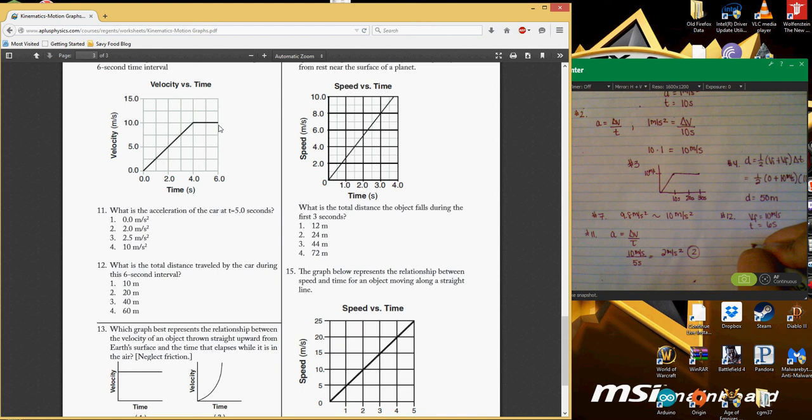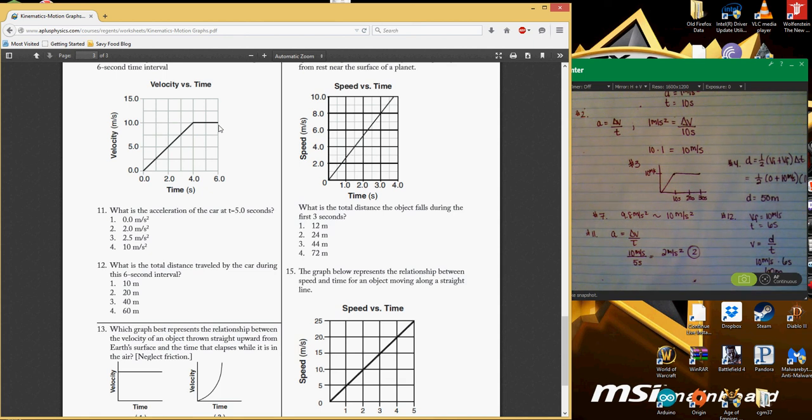Question number 12. What is the total distance traveled by the car during the 6-second interval? So if I'm looking at this, I can take this 2 ways. I know that there's 2 paths: the increase from 0 to 10 meters per second, and then the 4 to the 6.